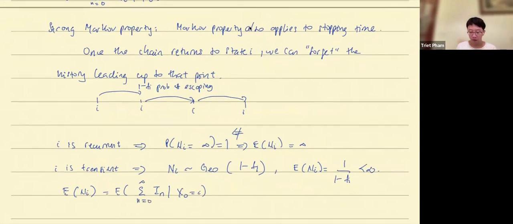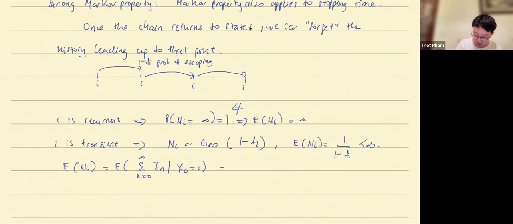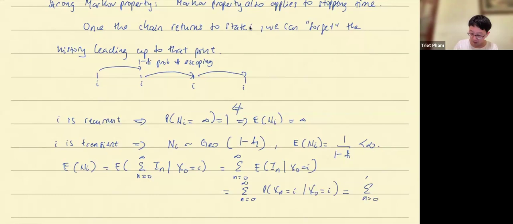And we can pass the expectation inside the sum. Remember, In is just the indicator function that Xn equals i. Therefore, it's really just a probability, and that's P to the n, ii.